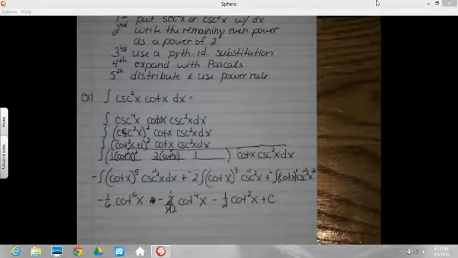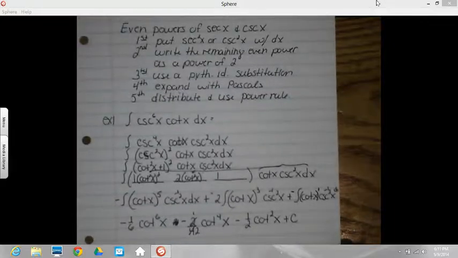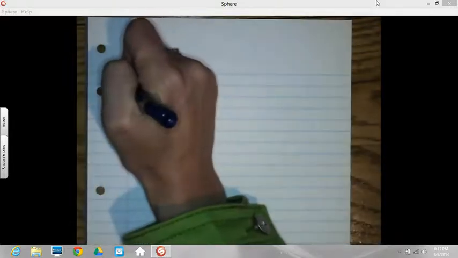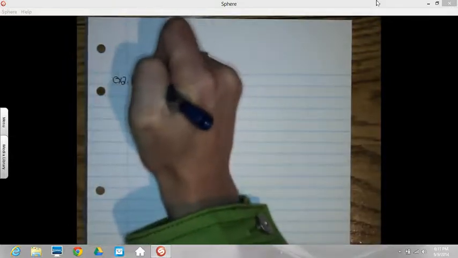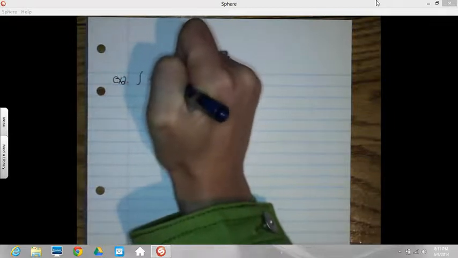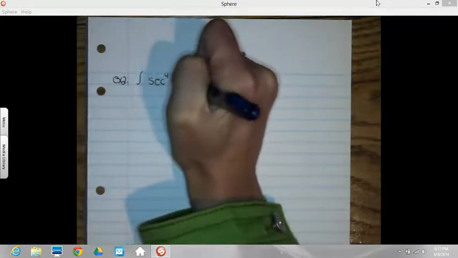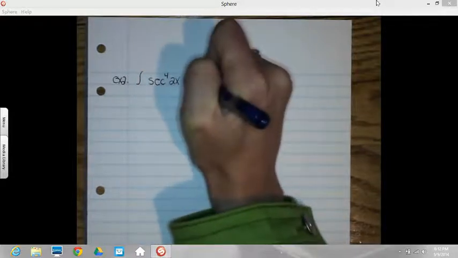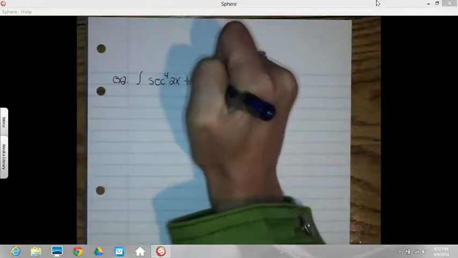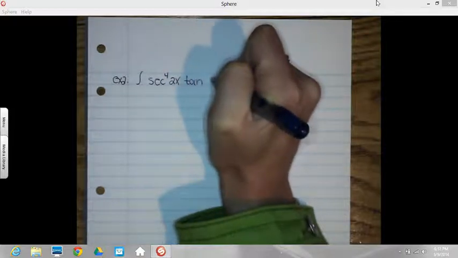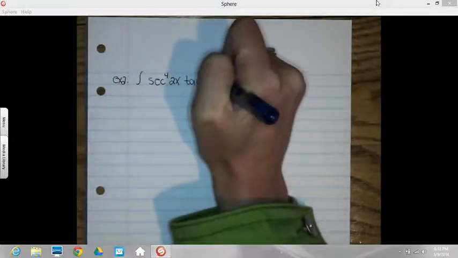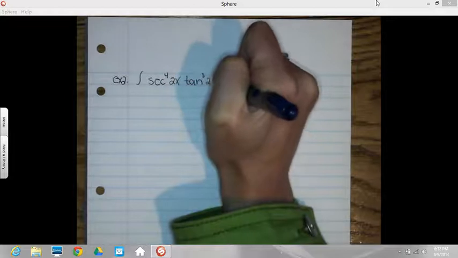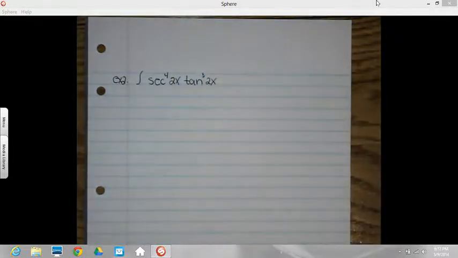Try one more of these. Integral of secant to the fourth 2x times tan cubed 2x. Okay, even powers of secant and cosecant.